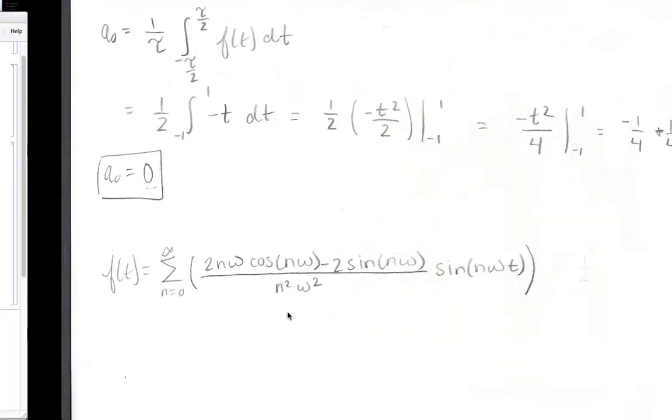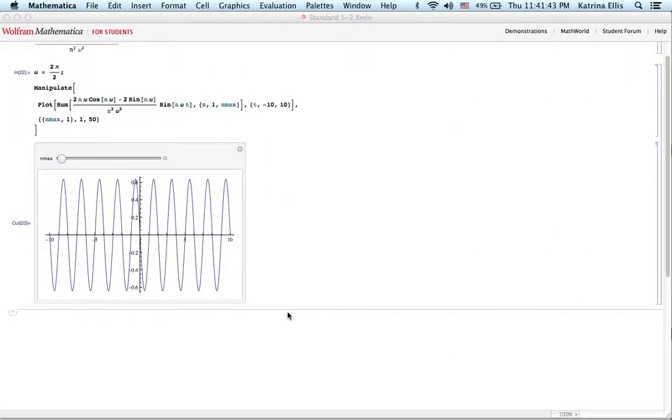And what I did was I plotted that in Mathematica, and this is at n is equal to 1. So you see it's just a regular sine wave, but as you increase n and keep summing up these terms, it looks a lot more like the wave that we're looking for. Mathematica will catch up with me, hopefully.